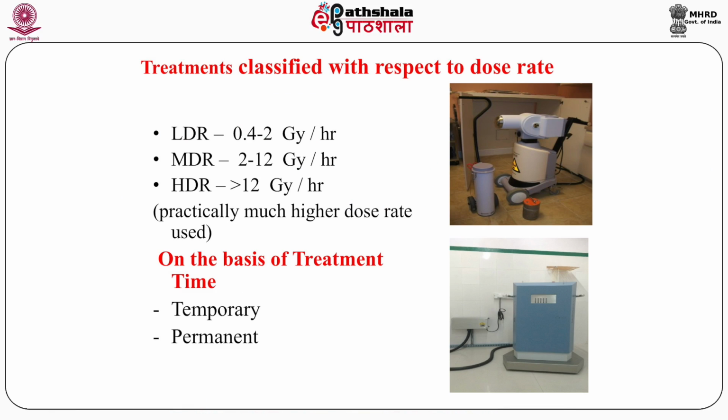Now it is further classified on the basis of dose rate. LDR, that is low dose rate, where the dose rate is 0.4 to 2 gray per hour. This dose rate is very low. Second is medium dose rate, MDR, where the dose rate is 2 to 12 gray per hour.